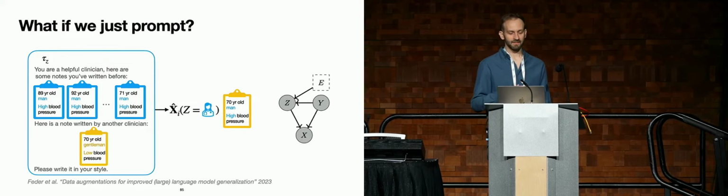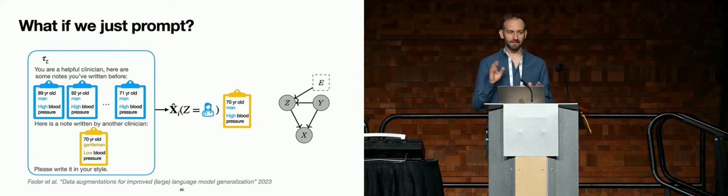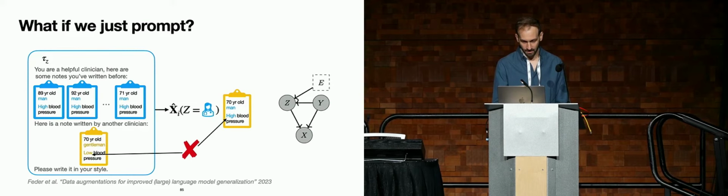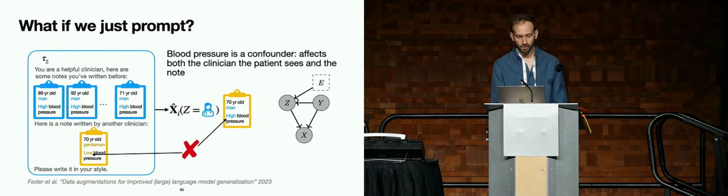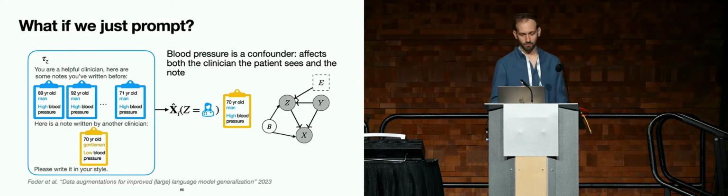The real thing that happens in these problems is that doctors use templates, and when you try to do this type of data augmentation naively using an LLM, it confuses a lot of things about these templates between the two doctors. What happened here is pretty much that blood pressure plays the role of a confounder. It is a common cause of getting sent to a certain doctor: because I have high blood pressure, I might get sent to a certain doctor. But it also affects what's written in my note, because my note might mention that blood pressure.